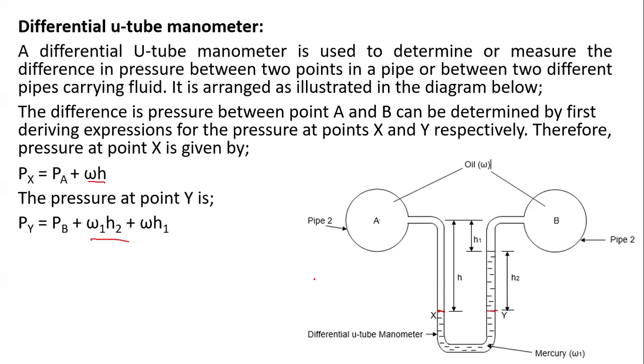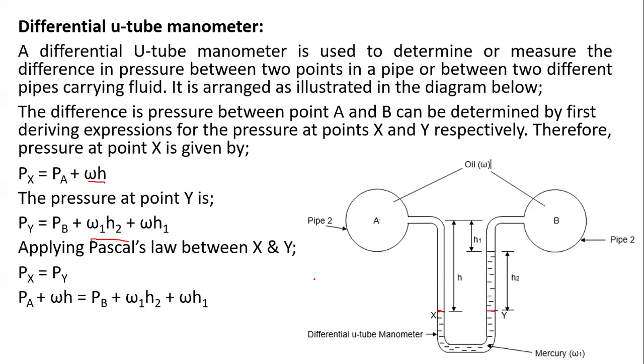We can now apply Pascal's law. So we equate the pressure at X and the pressure at Y, meaning we pick what is on the left-hand side of this equation, write it here, and bring what is on the right-hand side over as well. Then we need to make PA minus PB the subject, meaning I need to move this to the other side of the equal sign, and this should also move away from here.